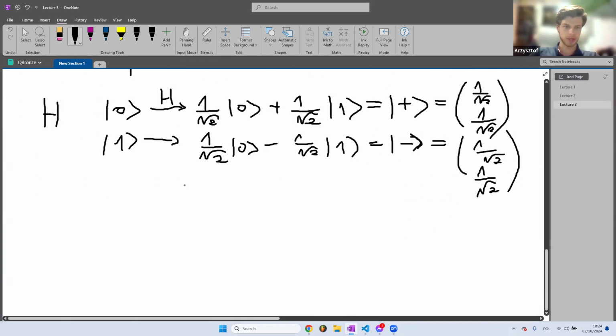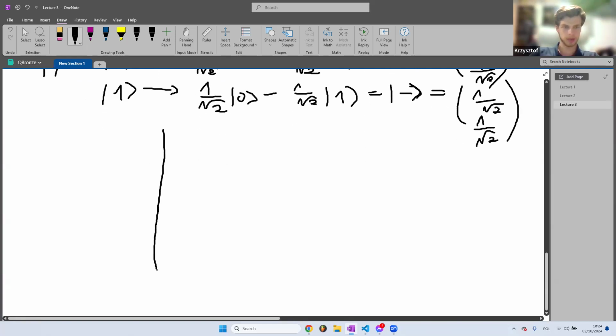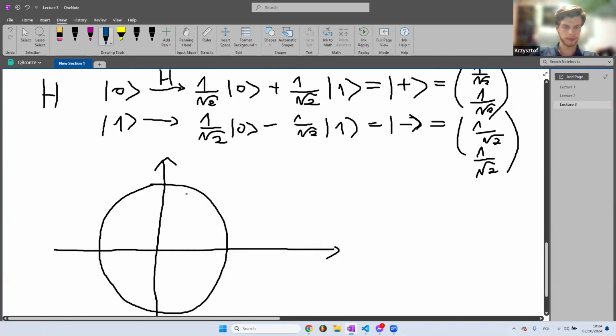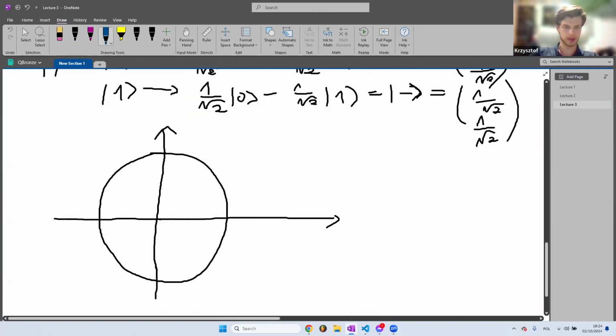So based on this information, maybe you'll be able to say what the Hadamard gate does. So we will draw our axes. Here's our 0 state, and it gets transformed to something like this, right? 1 over square root of 2 and 1 over square root of 2.